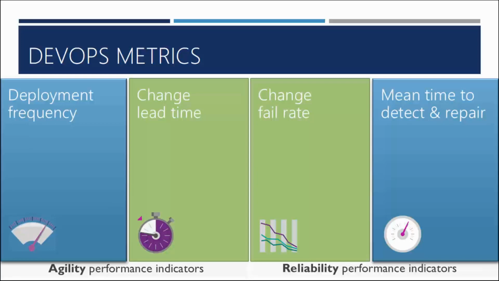Now the last metric that I'd like to highlight is the mean time to detect and repair, which can be abbreviated MTR. This is for the realize, recover, repair, and remediate steps.